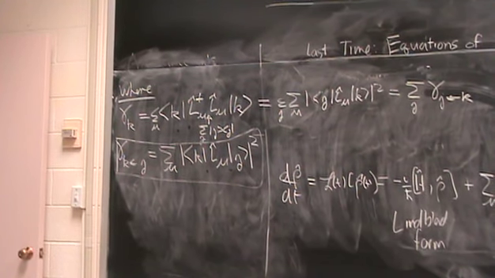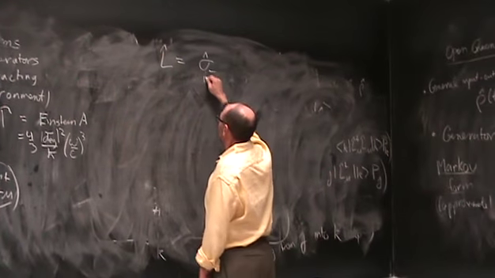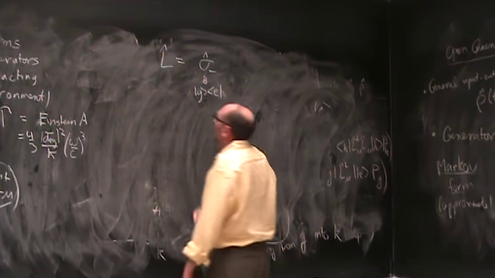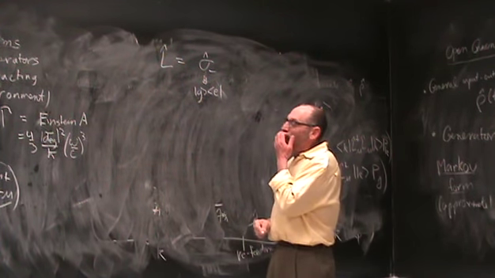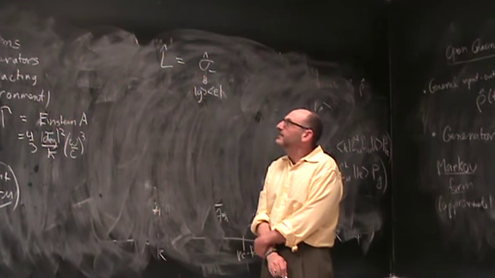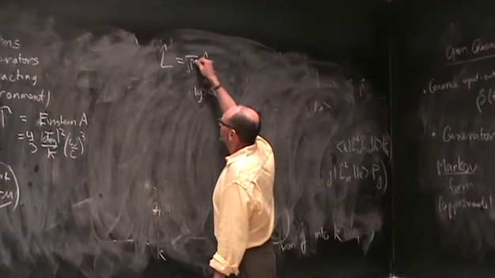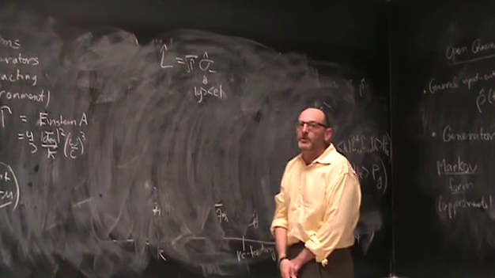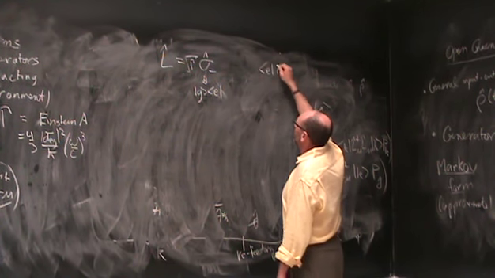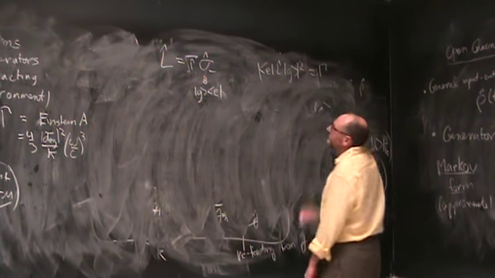So L has to be proportional to sigma minus, the operator that takes me from excited to ground. But it's not quite enough, because where's the Einstein A coefficient in there? It's multiplied by the root of gamma, such that if I look at the matrix element of this squared, I get gamma.